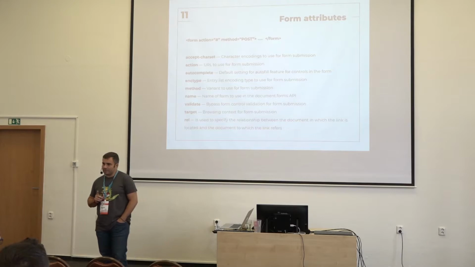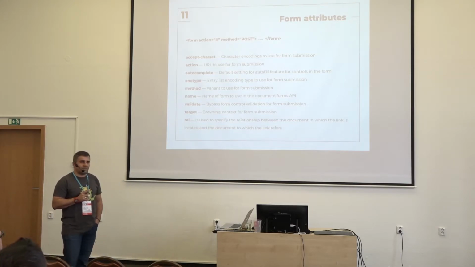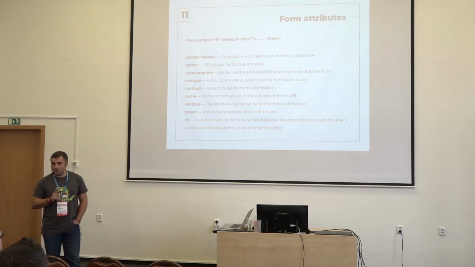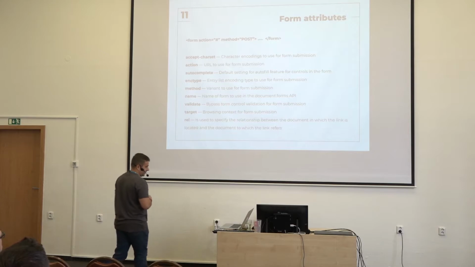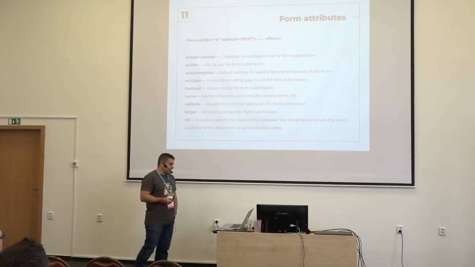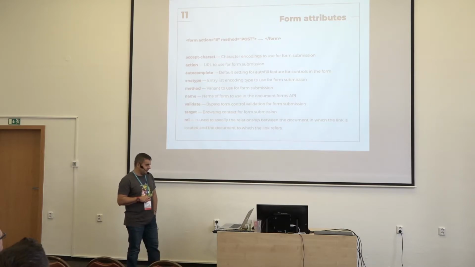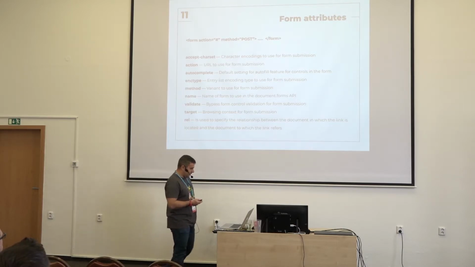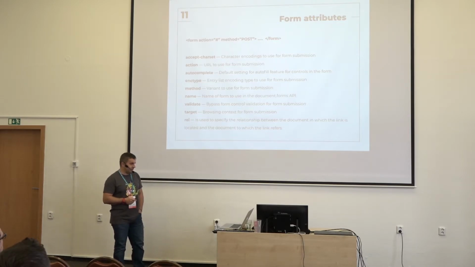I will talk about this in a few minutes. When we would like to send some files using our form, we should define this attribute. I will show you how to do this. The method, I will talk about in the last slide. Name is obvious. Validate: we can set the validate attribute on our form, or novalidate. Target and rel.